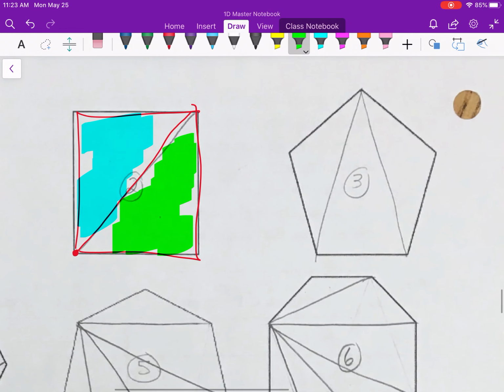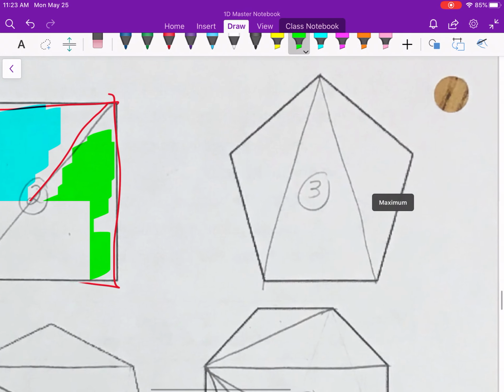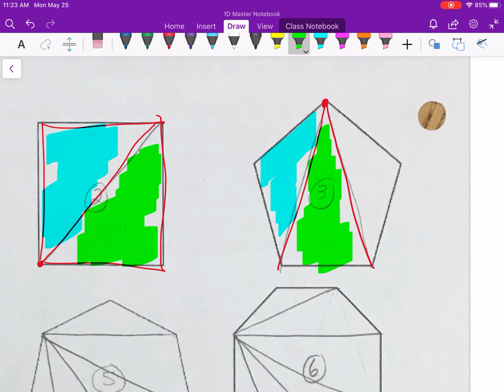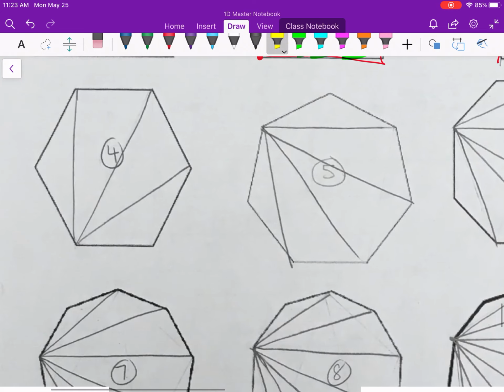If we were to continue on with that, let's go to a pentagon, a 5-sided figure. Again, if I pick one corner to start at and see how many triangles I can divide it up into, well, I can divide it into 3 triangles, and it just keeps going up from there. So a pentagon can be divided into 3 triangles.